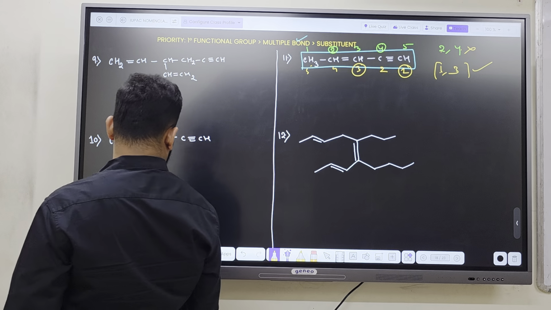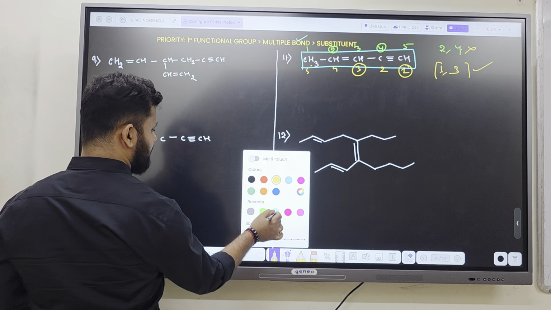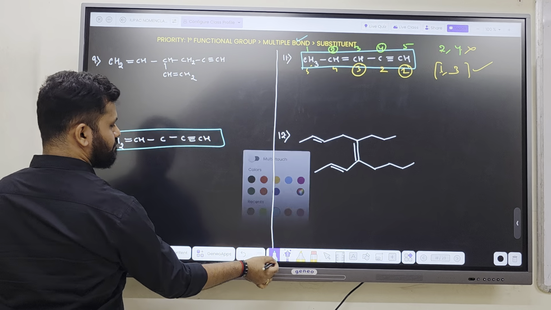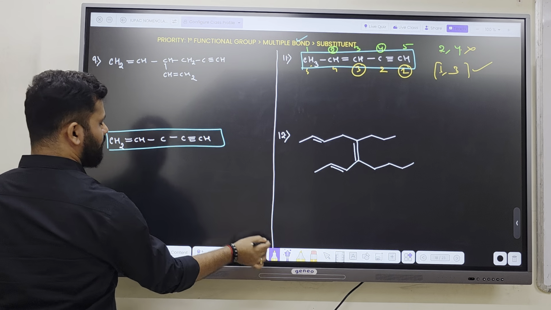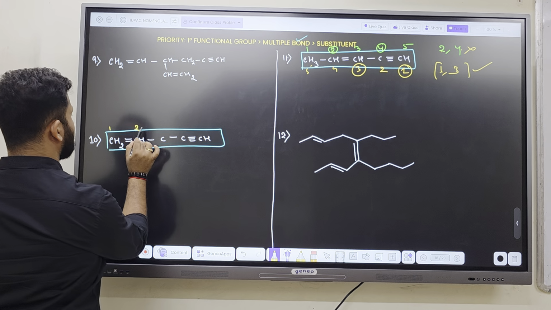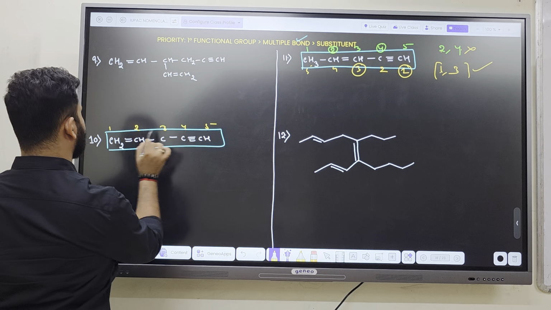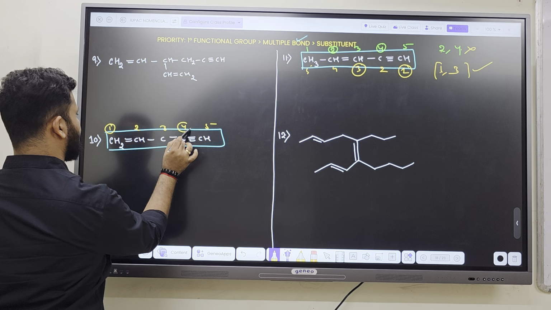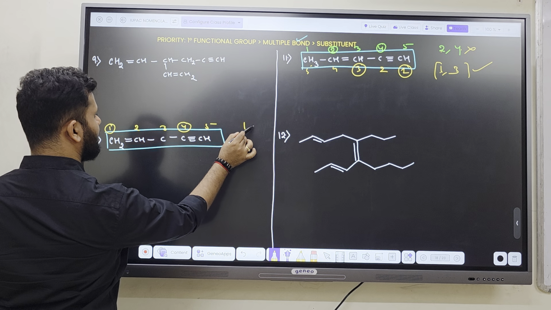Come to this one, 10th one. This is my PCC. I'll go from left to right. 1, 2, 3, 4, 5. The set of locants: at first position there is a multiple bond, at fourth position there is a multiple bond. 1, 4.